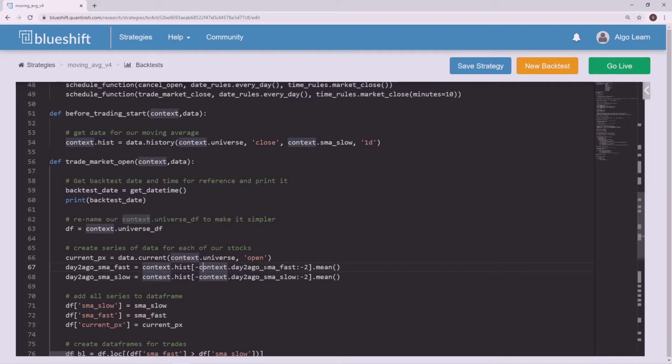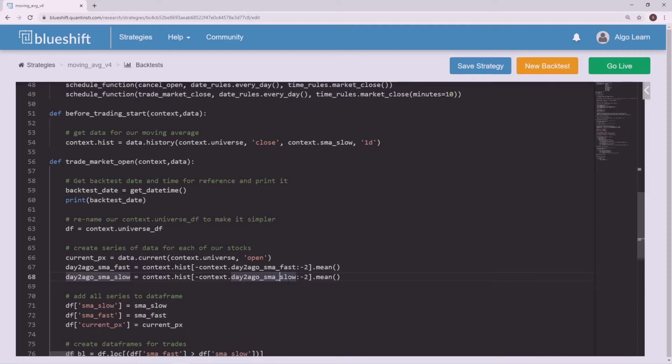Okay? The slow, the same thing. We know that context dot day 2 ago underscore SMA underscore slow is 11. And so we're going to go from not yesterday's close, but the close from 2 days ago.